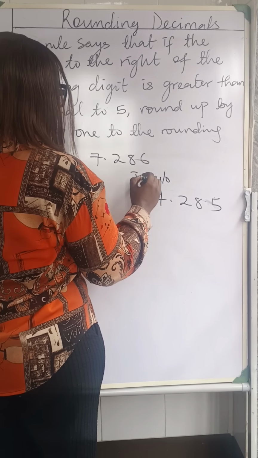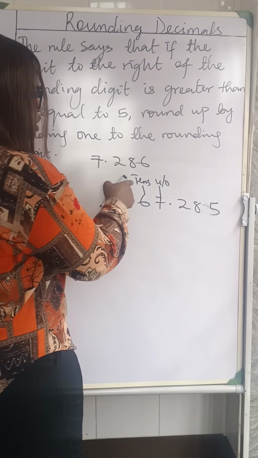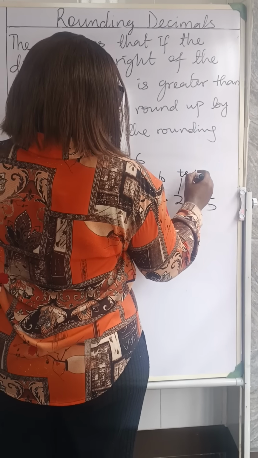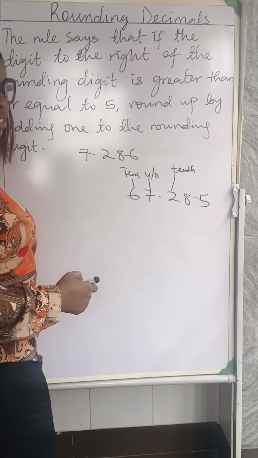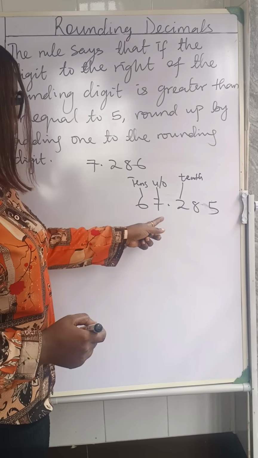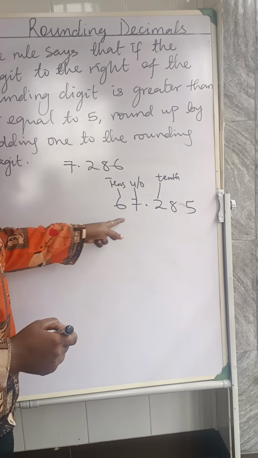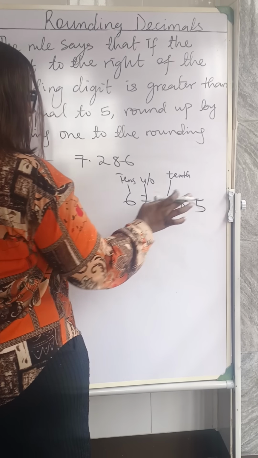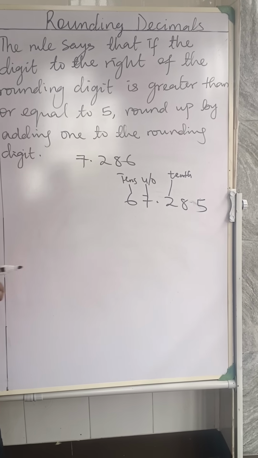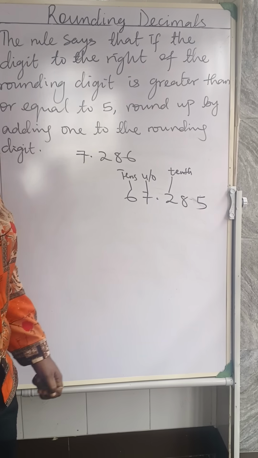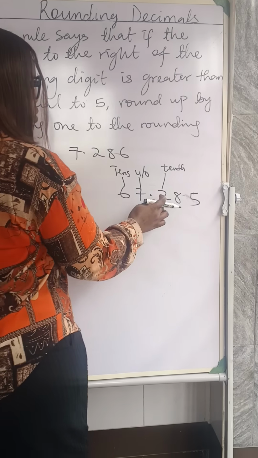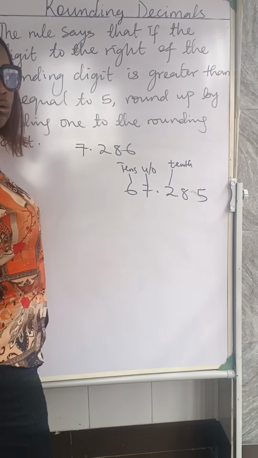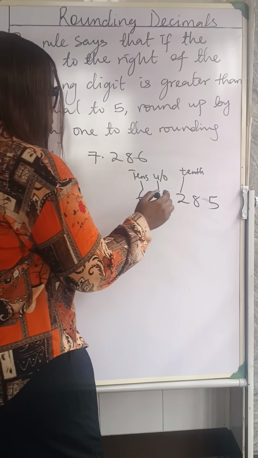And this is our tens, and we'll have our tenth here after the decimal. This is a whole number. 67 is a whole number. 285, we'll call it separately, individually, because it is not up to a whole number. 2 over 10, 8 over 100, and 5 over 1000. It's not up to that.